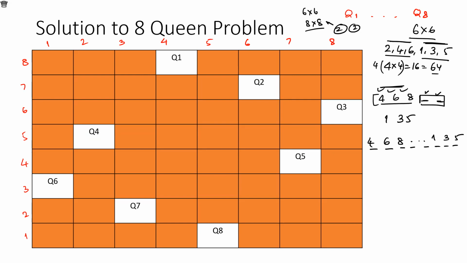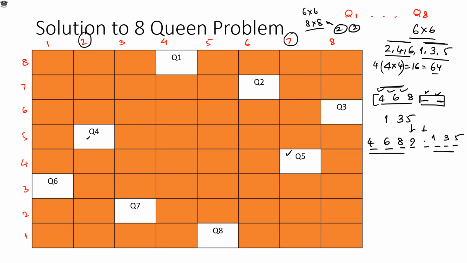And once you have written these 2 clusters, which are of even and odd, then what is the observation? That you will only have one place available in the second column, and one place available in the seventh column.